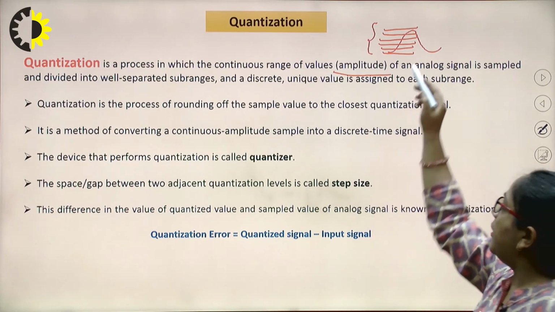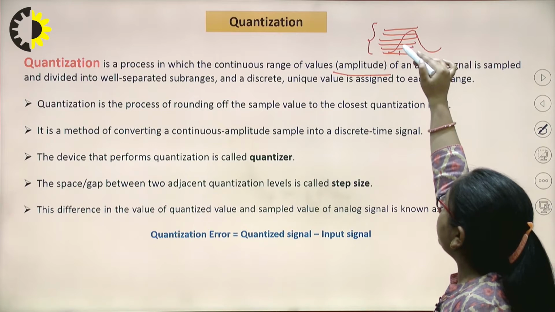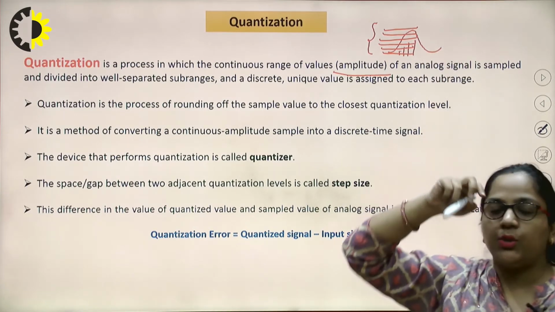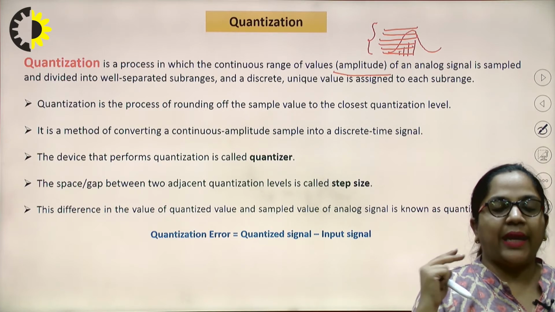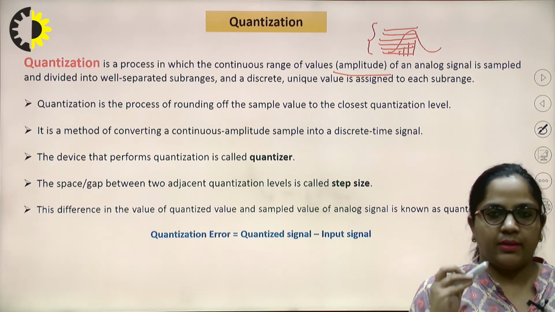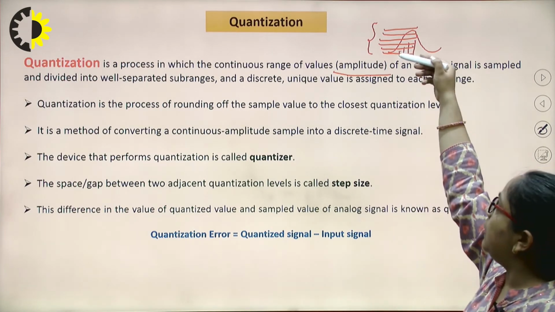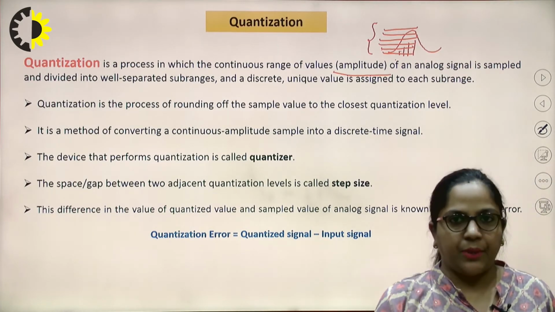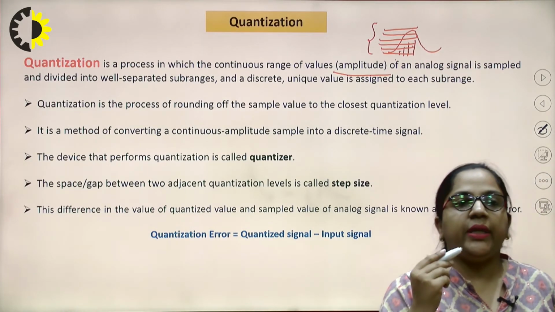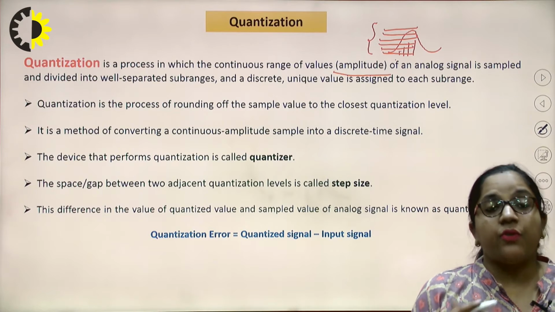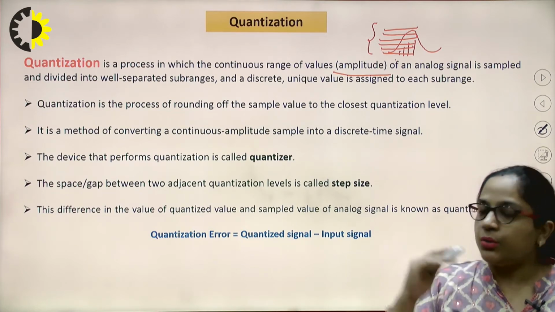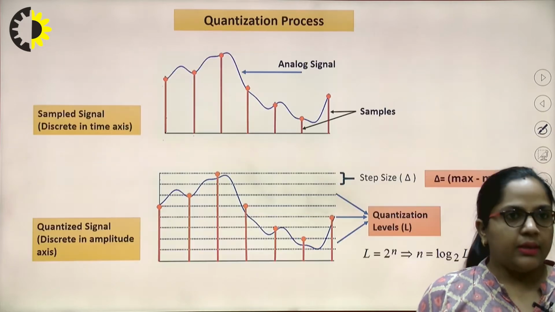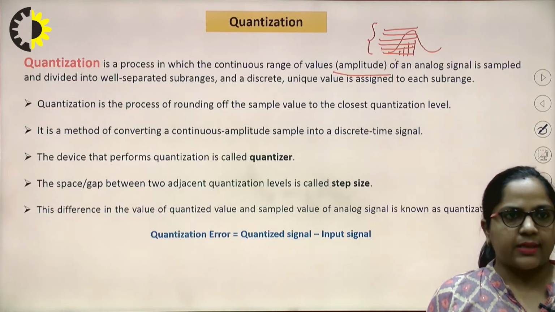That means if some sample is lying anywhere between two levels, then we have to assign either the lower one or the upper one to that particular sample point. So we can also call quantization a process of rounding off the sample value to the closest quantization level. That we will also see with the help of a diagram in our next slide.